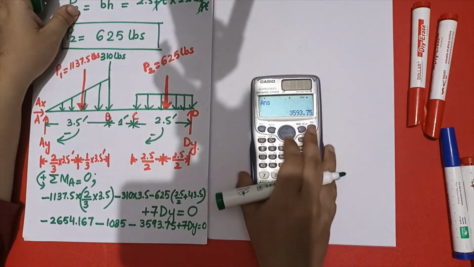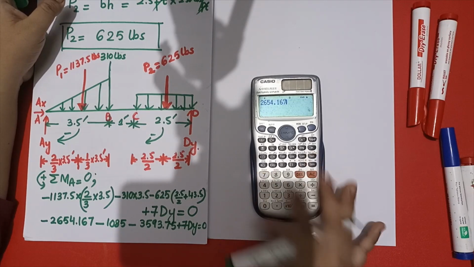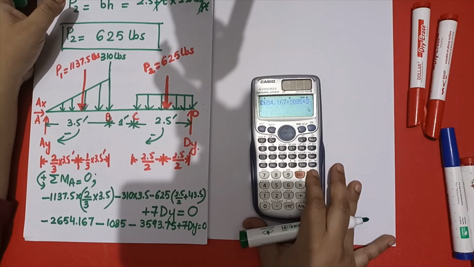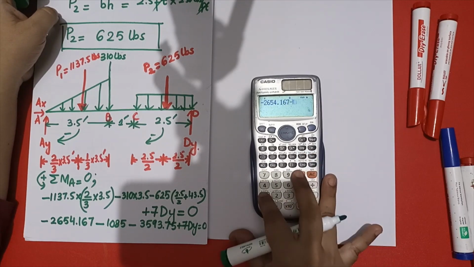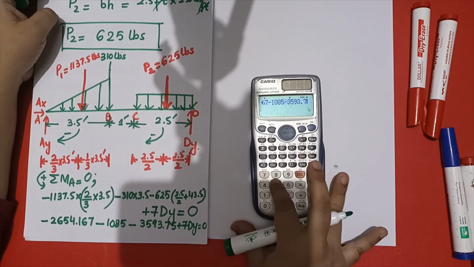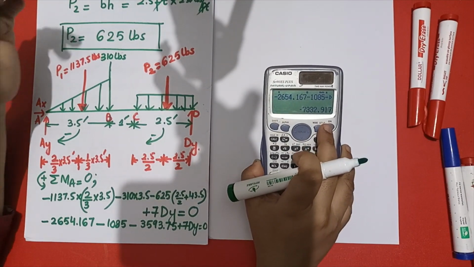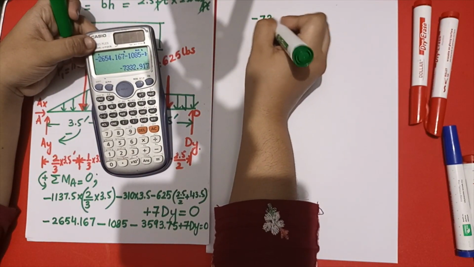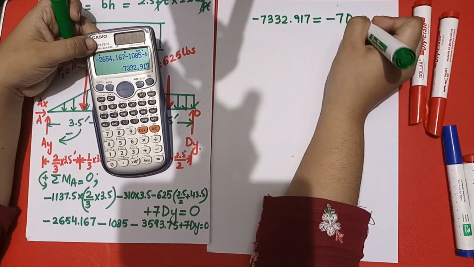Let me add up all the values: 2654.167 minus 1085 minus 3593.75, and the answer will be minus 7332.917 equals minus 7 Dy.